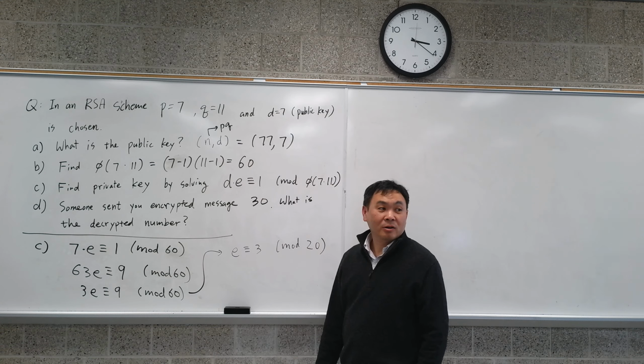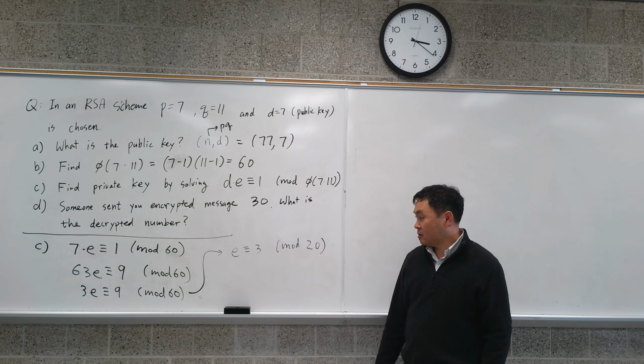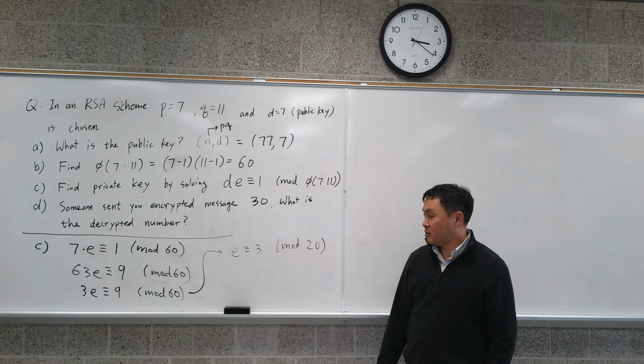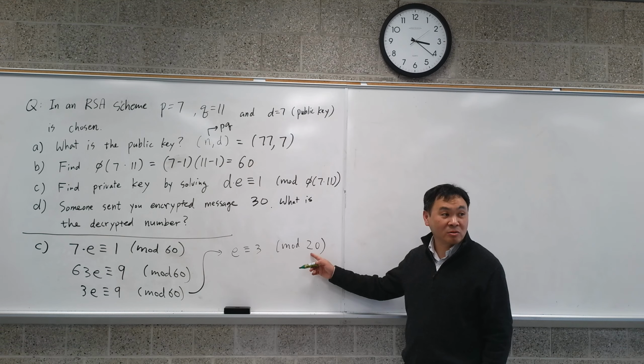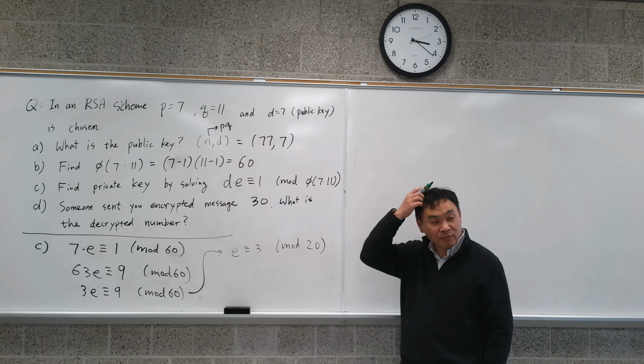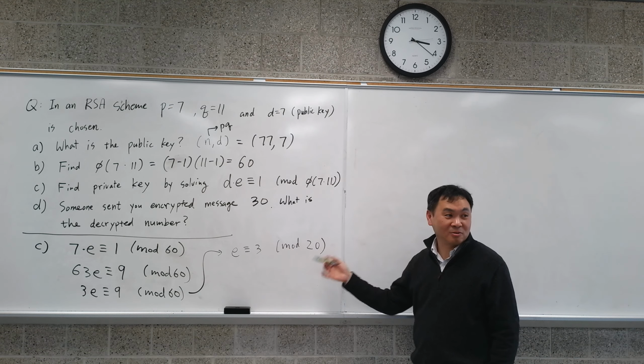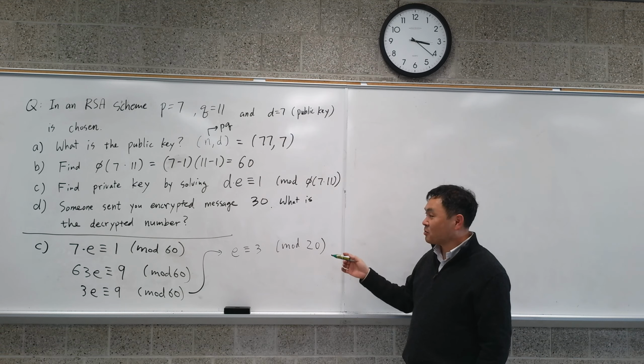So if you divide 3e and 9 by 3, you also divide the mod. You have to, if the mod is also divisible by that number. If it's not, then that's it. Unfortunately, that happens.